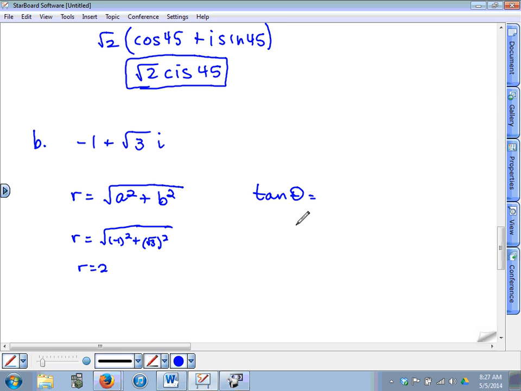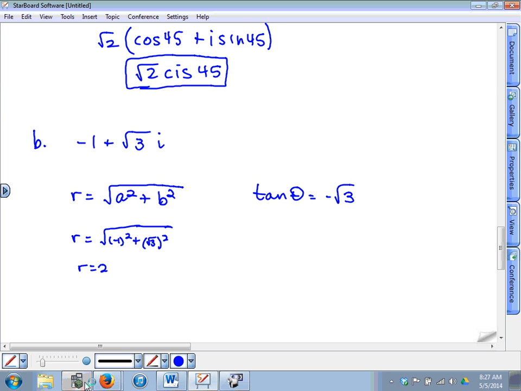Alright, tangent of theta is b over a. So it's square root of 3 over negative 1. Essentially, that's just negative square root of 3. So for you to type that into a calculator, it's going to give you a negative angle measure in the fourth quadrant somewhere. So you've got to really be clever about where that angle would also be in the second quadrant.